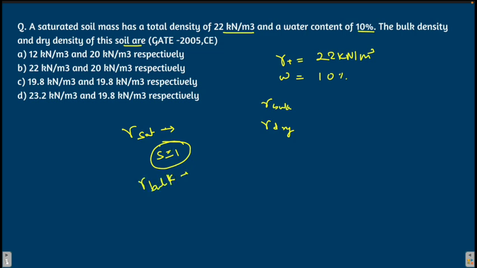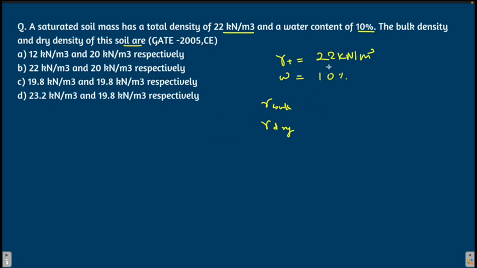Bulk density can be saturated density, it can be any other density. Bulk density means the soil is partially or wholly filled with water. If it is partially saturated or fully saturated, it is bulk density. And dry density is without any water content, when degree of saturation is 0.